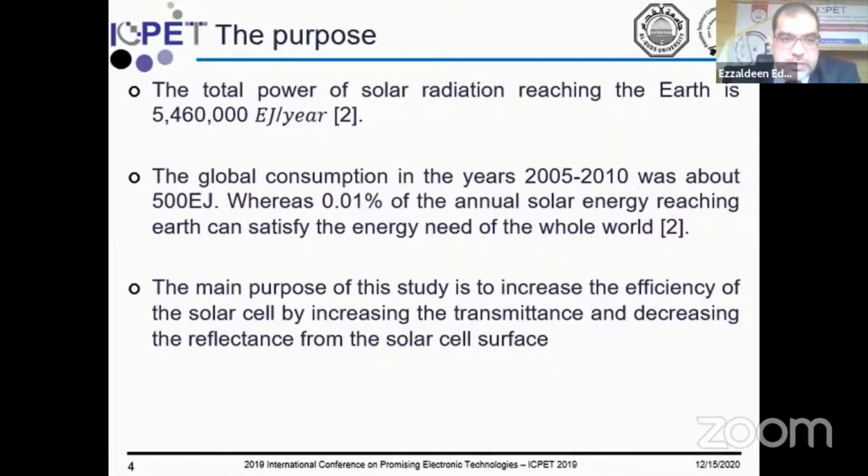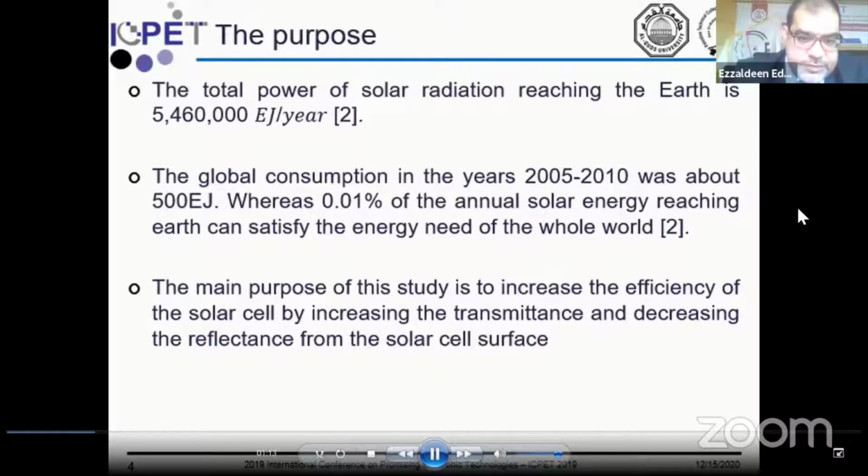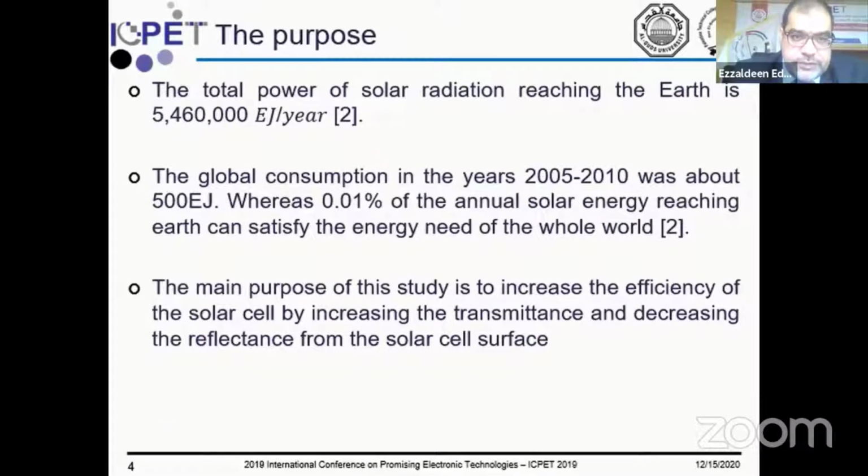Now, the proposal. To understand why researchers are interested in this field, and to understand the amount of the energy of the sun, the total power of the sun reaching Earth is 5,416,000 electric joule per year.